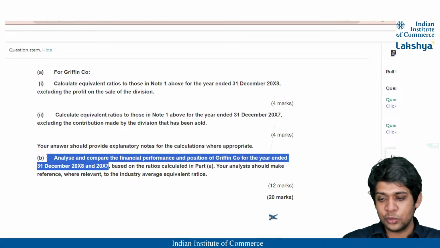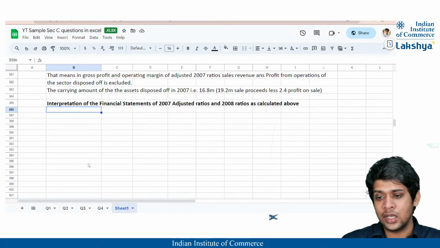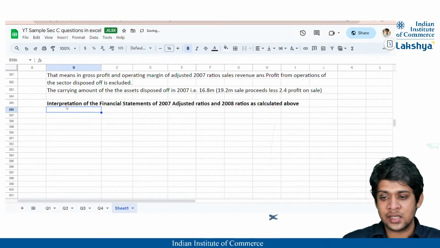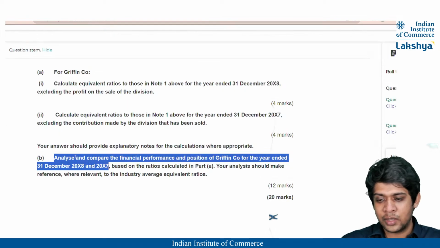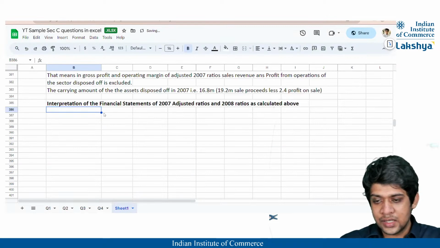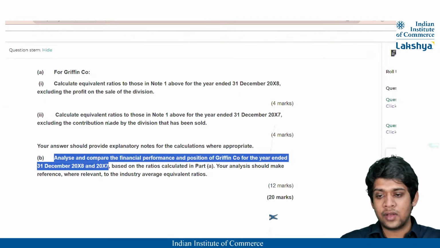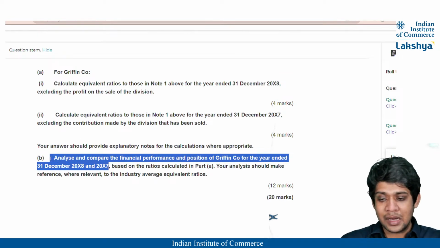I do not want you to do that, but I am just mentioning that if in case you are in a hurry, you can just copy paste it here. Why is it not allowing me to copy paste? I think probably it does not allow me to copy paste. Okay, anyway. If it's not allowing you to copy paste, you can just mention this part, guys. Okay.